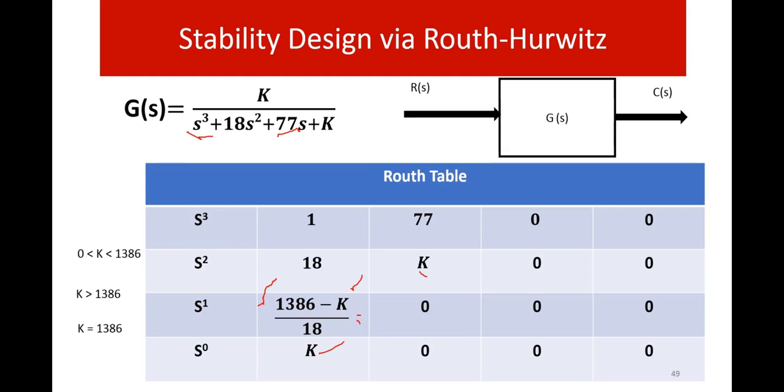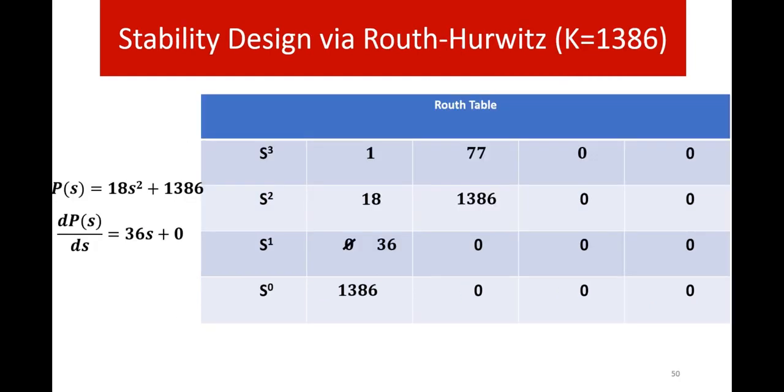If the first term of the Routh table is 0, how do we handle it? Let's see. We already discussed how to handle this situation by taking the adjacent auxiliary polynomial above, which is 18s² + 1386, and taking its first derivative.